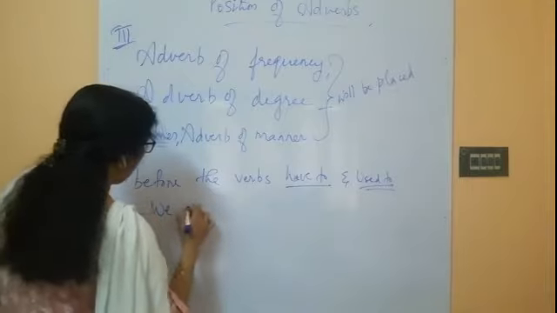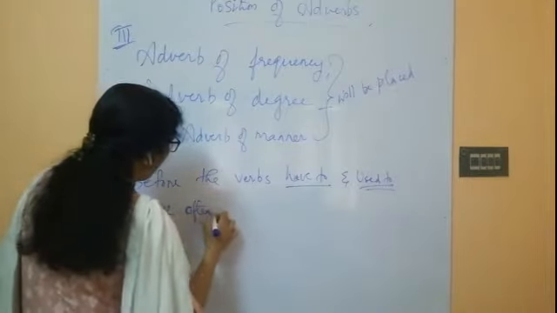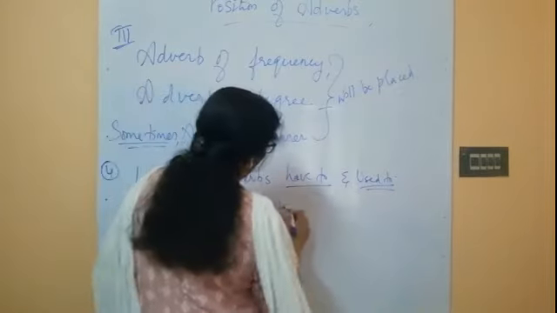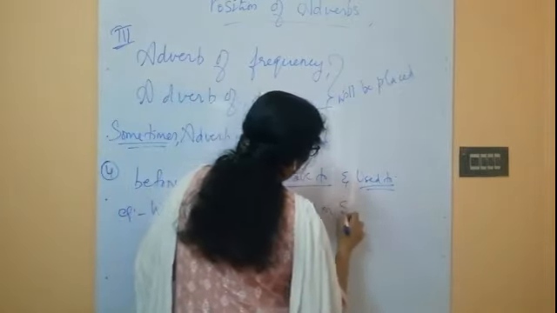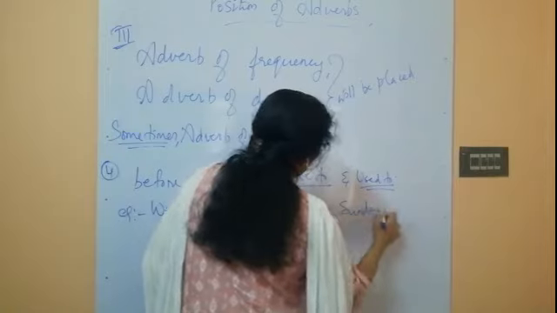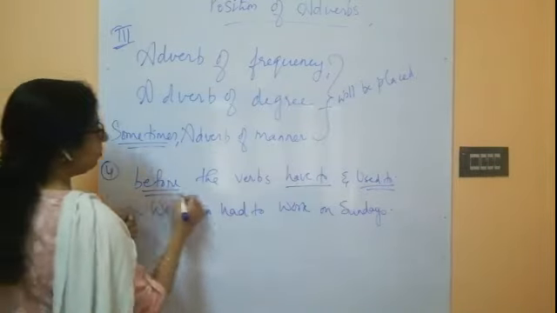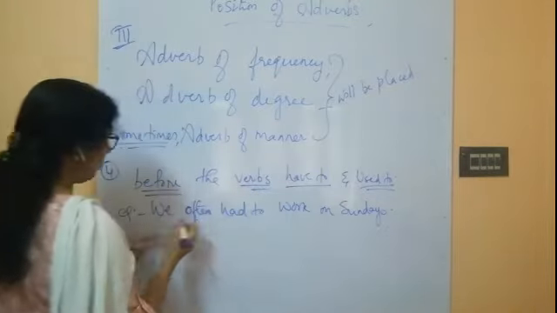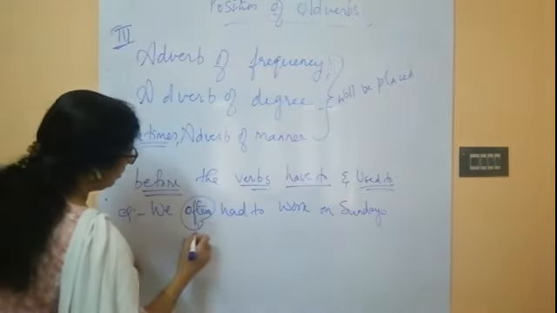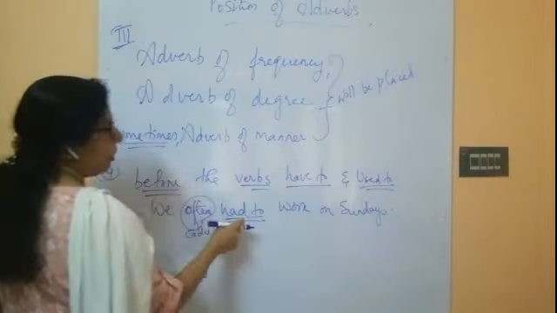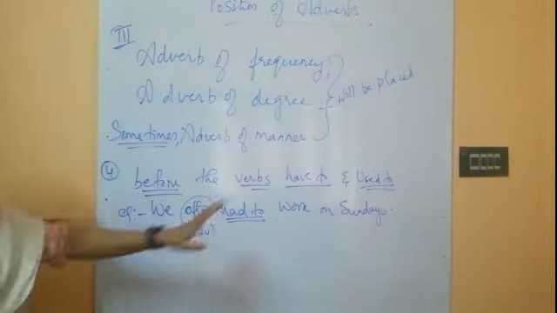Example, we often had to work on Sundays. Okay, so had to, before the verb, have to and used to. So often is the adverb. Had to, form of have to, past form. Okay, so we often had to work on Sundays.